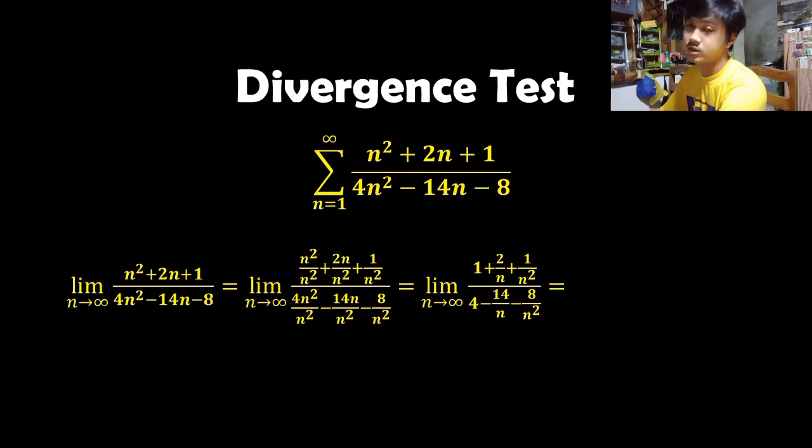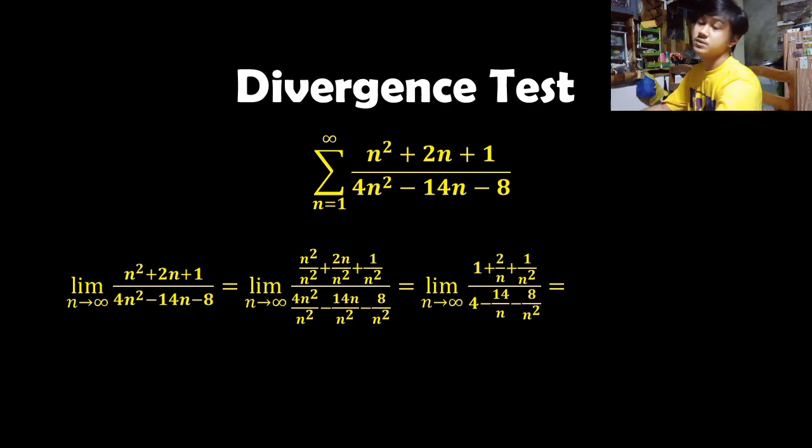For 4n squared over n squared, since the exponents are the same, the n squared cancels, so 4 remains. Then 14n over n squared becomes 14 over n, then minus 8 over n squared stays as is, since the constant 8 has no n. So this is how it looks now.